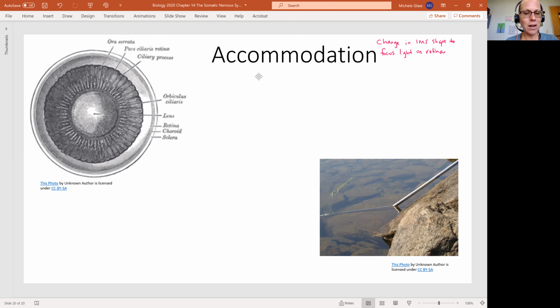When we talk about accommodation, then there's a couple of pieces of background information that we need. So let's start over here in the corner where I have this image of a handrail attached to rock, and you see it first outside of the water, and then you see it extending into the water.